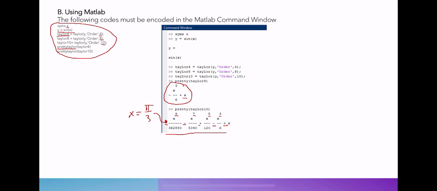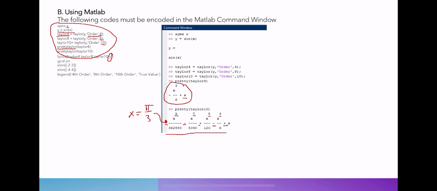For a better picture of this expansion, let's try to plot it in Matlab. Just simply type these codes: plot Taylor 4, that is our first expansion, Taylor 8, Taylor 10, and y here is the true value of our function.